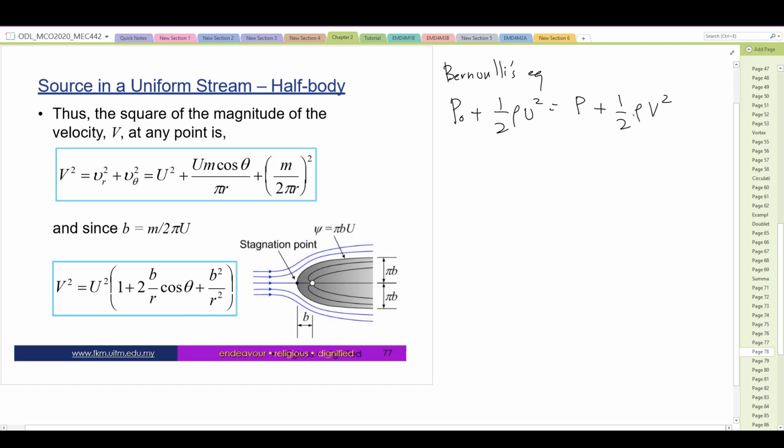U squared is for the uniform flow, and V squared is for the source plus uniform flow. So you can define the pressure difference between P naught, the pressure at some point far from the body, and P. You will notice that the elevation difference is not mentioned in this equation, because P naught is really far from the body, so the change of Z is negligible.